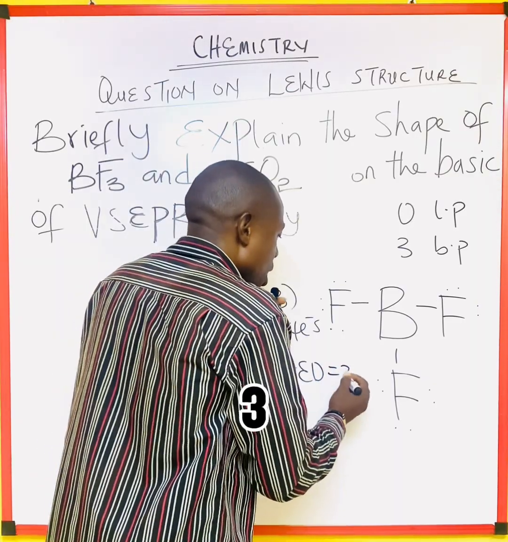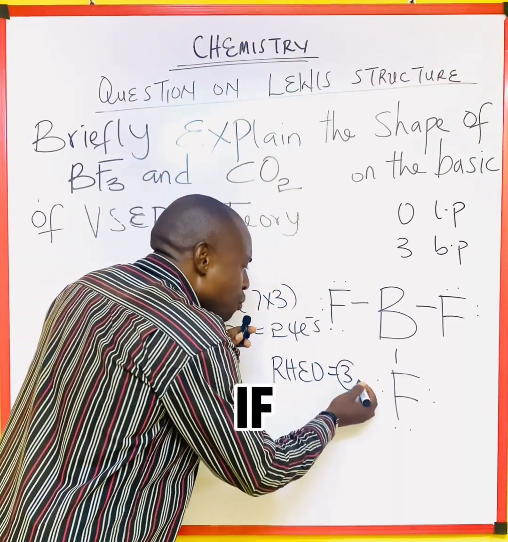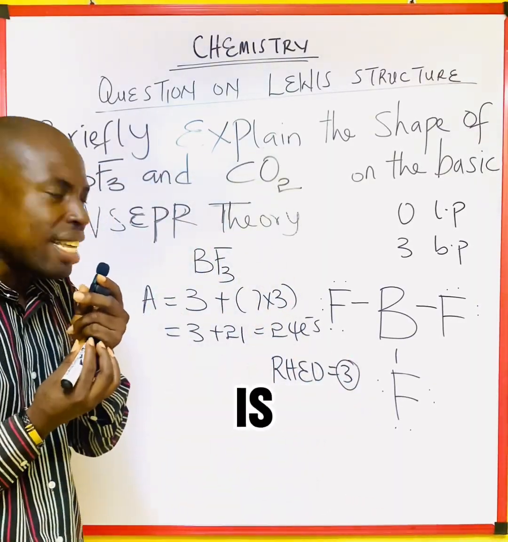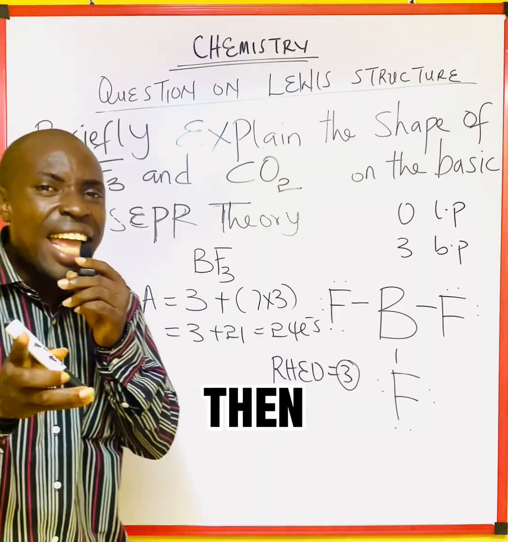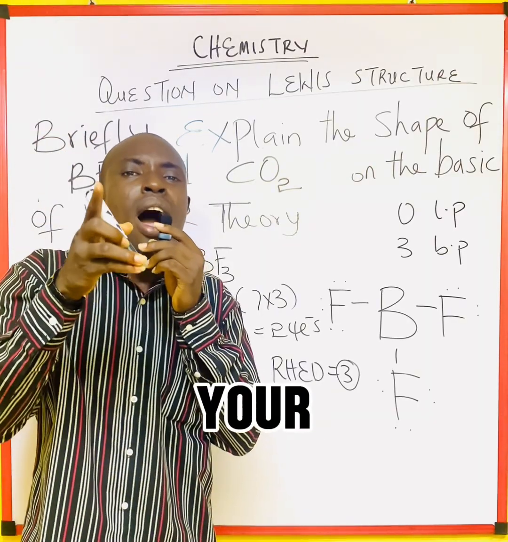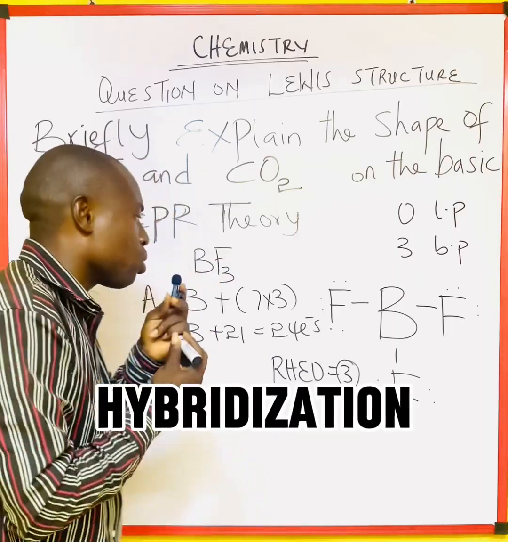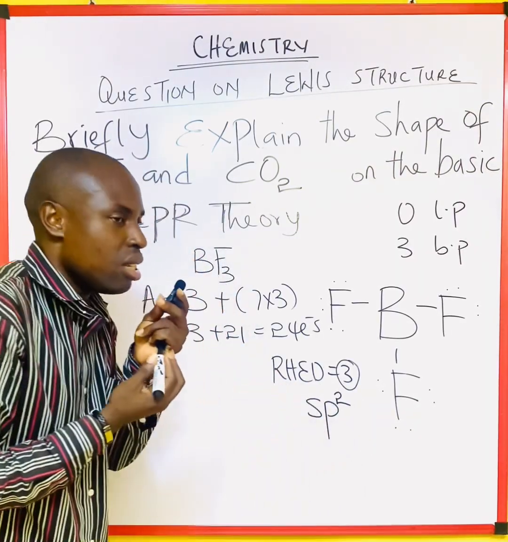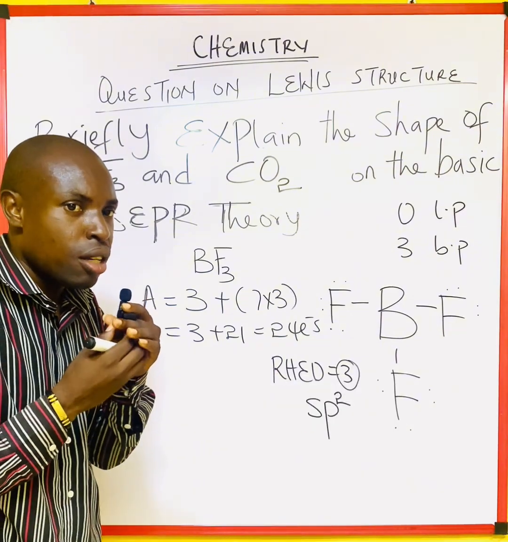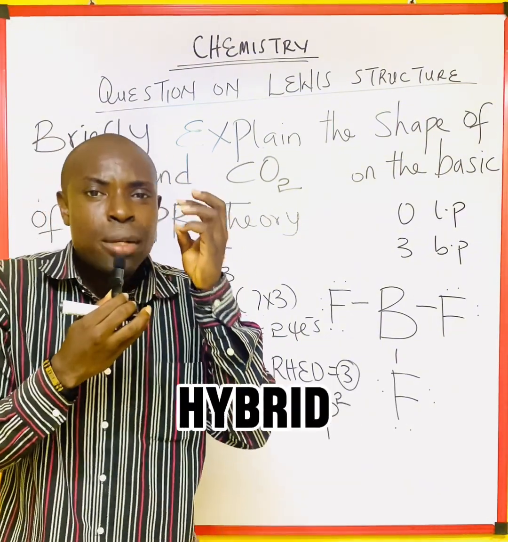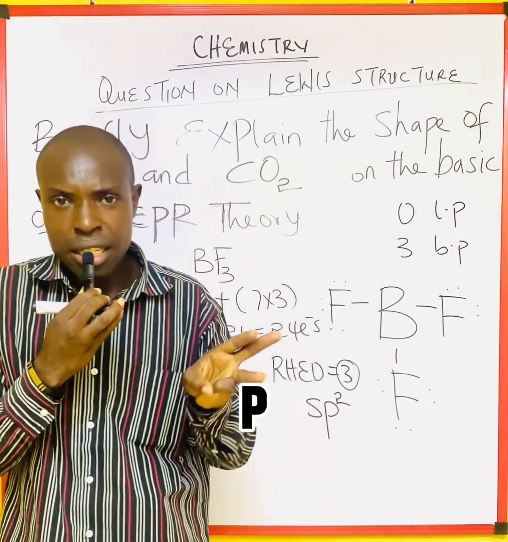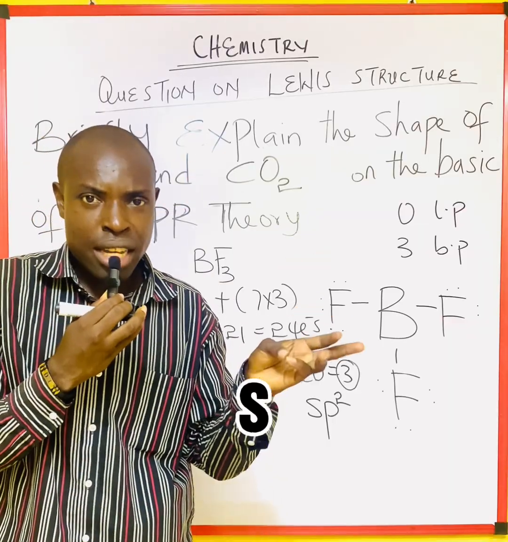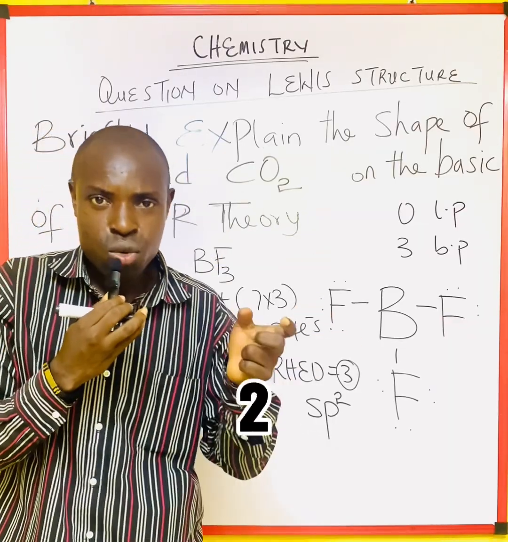And if your hybrid orbital is 3, then your hybridization will simply be sp2. It's a standard. When you have a hybrid orbital of 2, you are sp, which is 1 of s, 1 of p, that's 2.